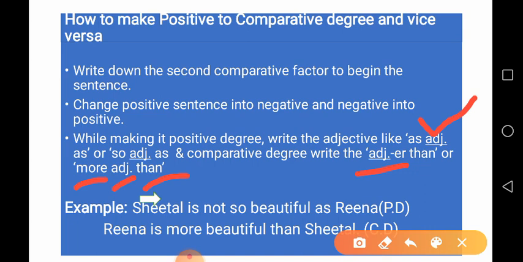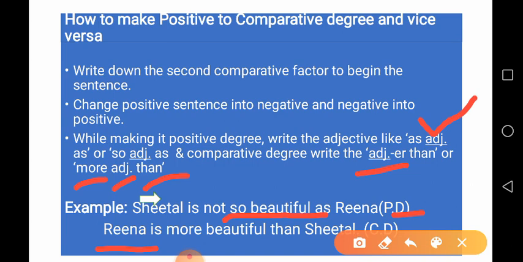Now, see here in the example, Sheetal is not so beautiful as Reena. While making comparative degree, we use the second comparative first, and the second comparative is Reena. So, we write Reena first, Reena is. Then, because the example is in a positive degree, because beautiful adjective is written between so and as, if it is positive, we can change into comparative.